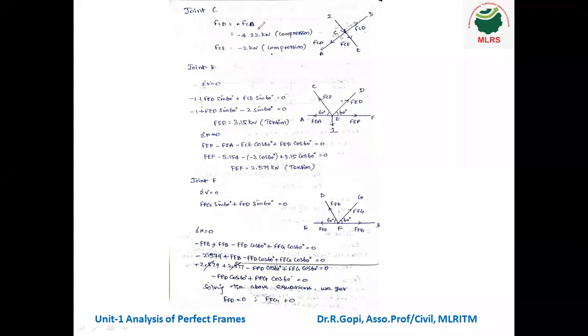FCD is equal to FCA. Since joint C is pure horizontal, automatically FCD is equal to FCA. Otherwise, you have to calculate the angle. This is the easy method.